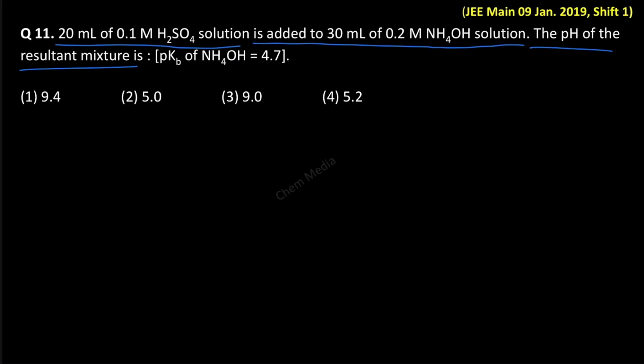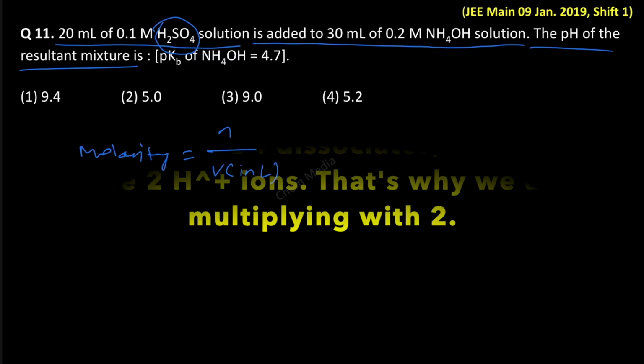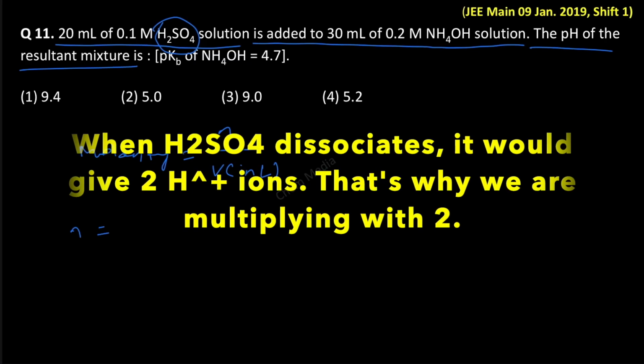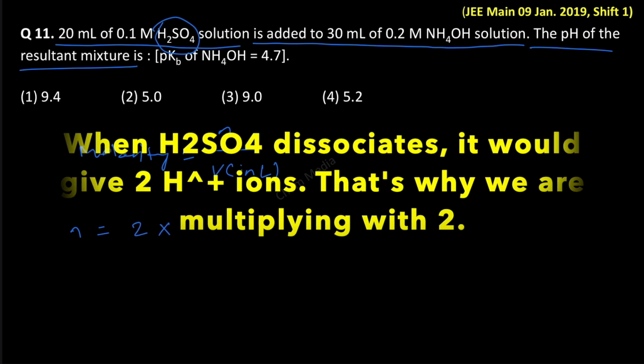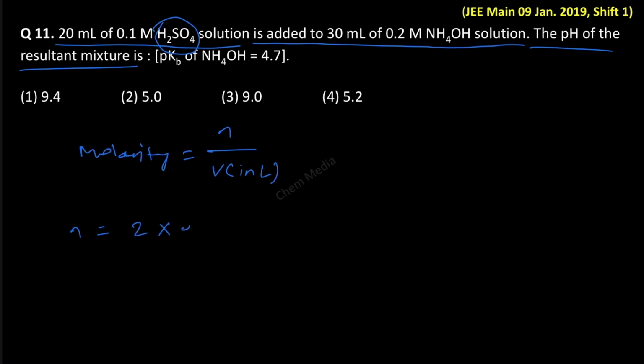So now we know that molarity is equal to number of moles divided by volume in liters. We have a diprotic acid, so let's find the number of moles. Because it is diprotic, the number of moles is 2 times molarity, that is 0.1 mole per liter, times volume, 20 milliliter.